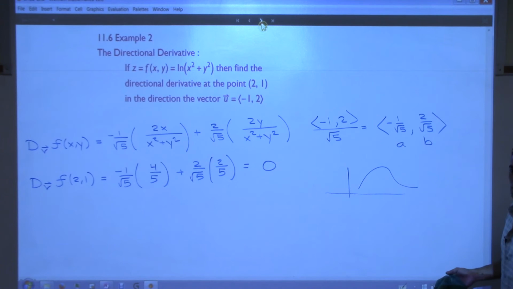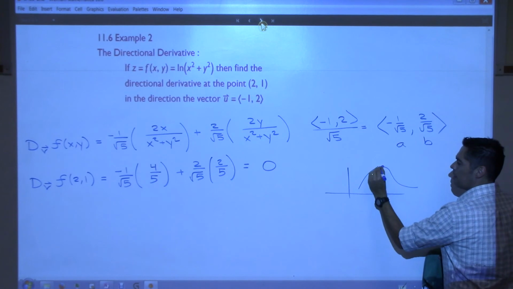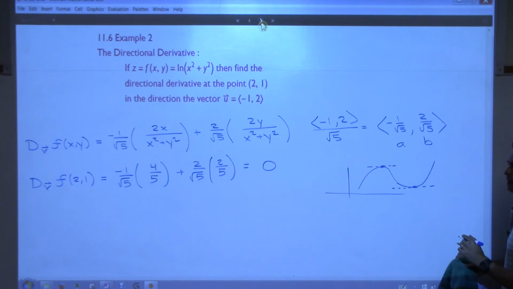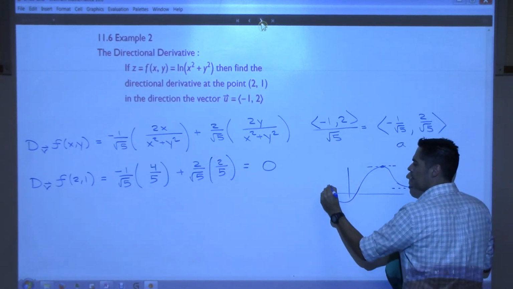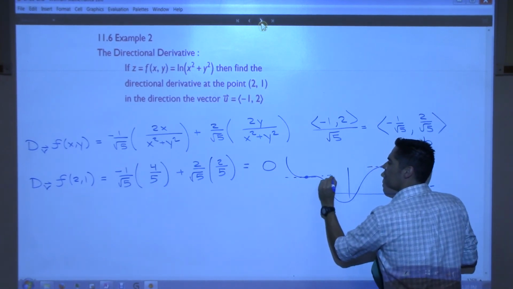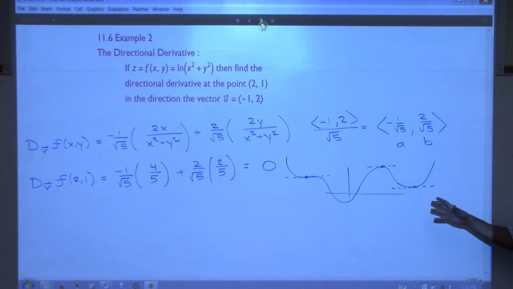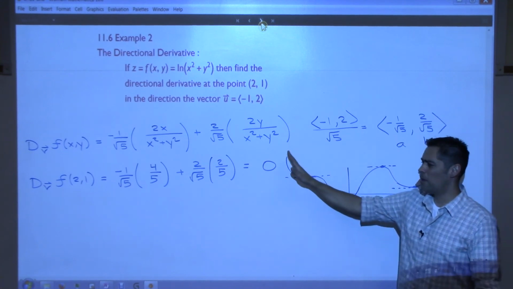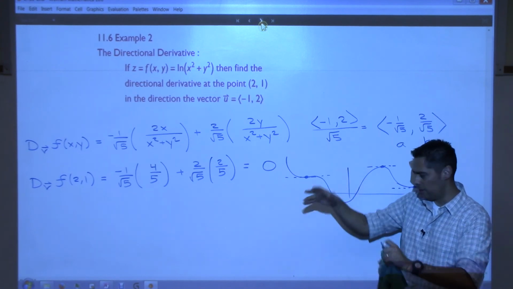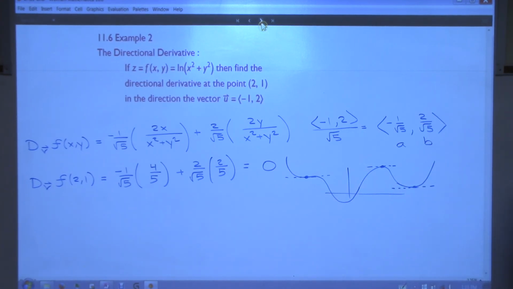If the derivative was 0, you were either at the top, or at the bottom, or at one of these weird points where you're neither the top nor the bottom. This is kind of like what a saddle point is for us, which is later. But it can be even more complicated with surfaces. So it's okay to have a derivative of 0.